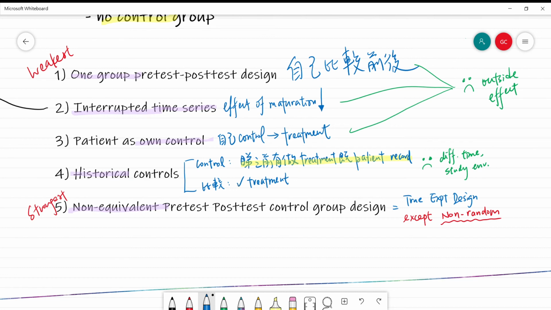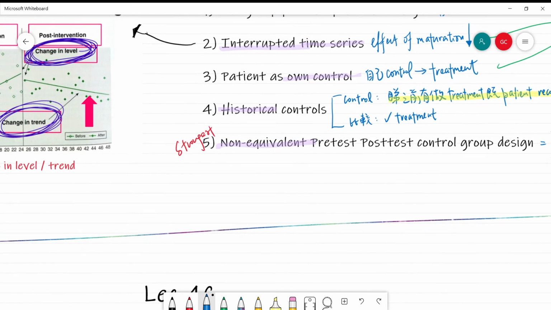This is called historical control, in which the patients being observed through patient records do not need to meet the scientists in person. They just need to provide the patient's record, and this is all.